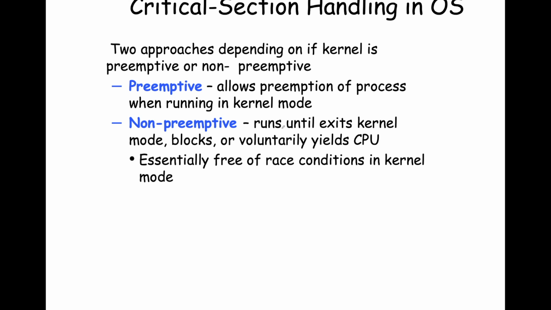So non-preemptive means that the kernel is allowed to get to a natural pause point before the process can be taken off the CPU and put back on the ready queue or some wait queue. All right. Essentially, what the non-preemptive case means is that you're free of race conditions in kernel mode, because the kernel is allowed to finish what it's doing.